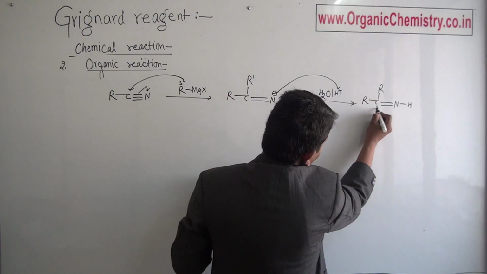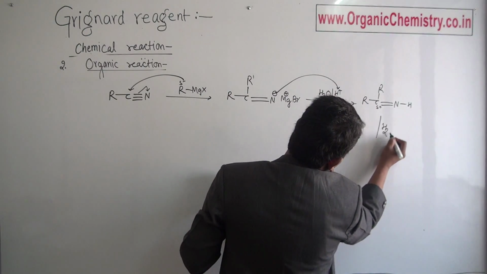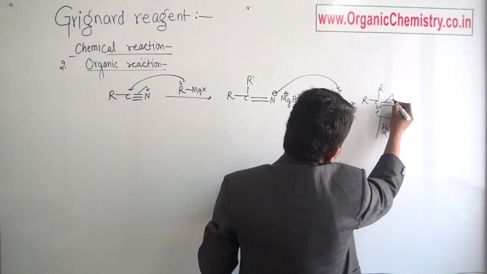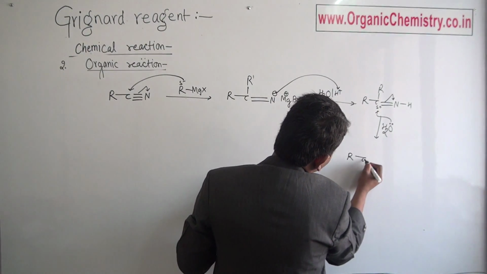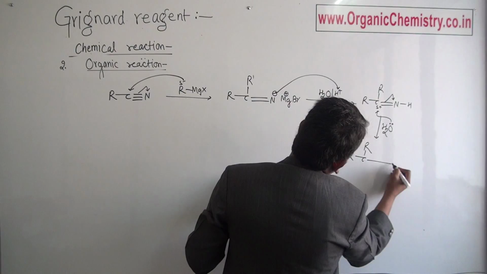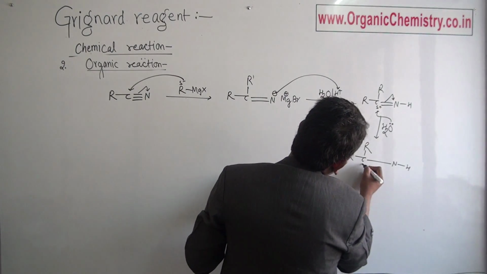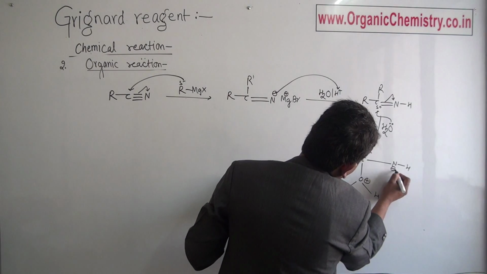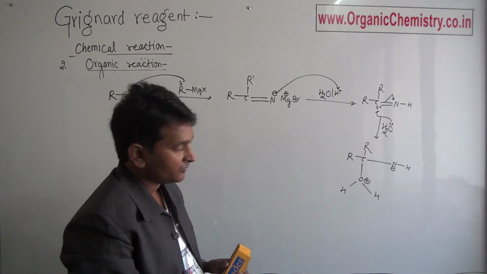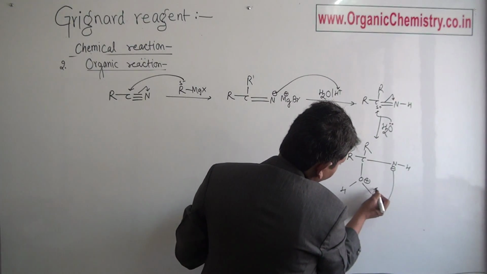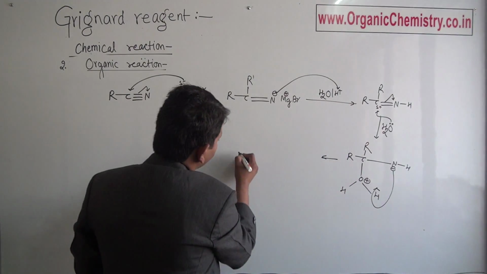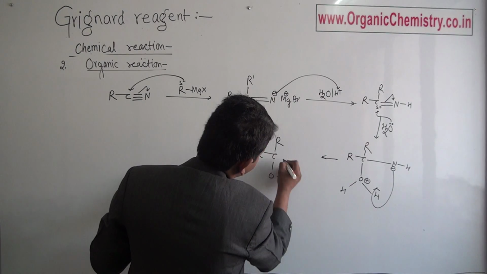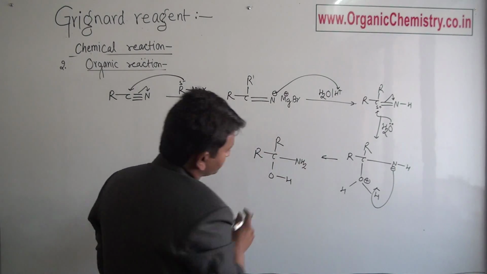Again, this carbon has partial positive center, so water will act as a nucleophile, attack over this carbon, breaks this pi bond to give RCR, OH, H, and negative charge on nitrogen. This nitrogen abstracts a proton to give R, R, OH and NH2.